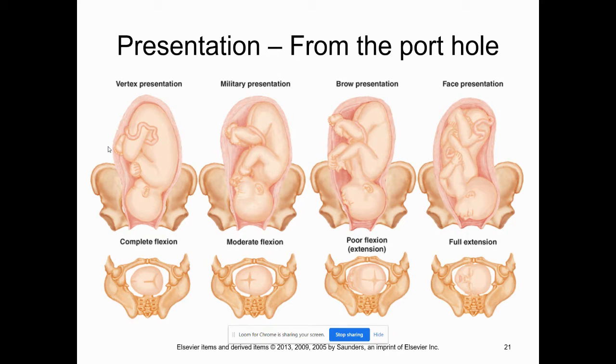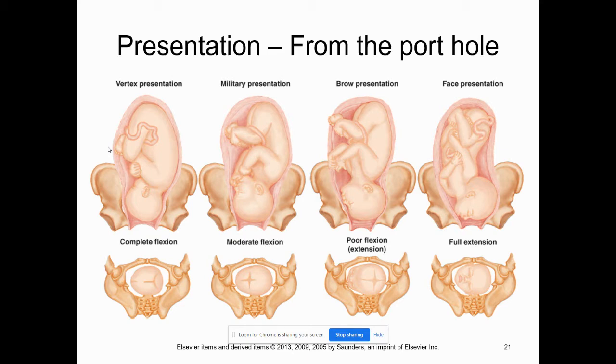If the baby stays with its chin untucked and it's only mildly flexed, as in this diagram, we have a tighter fit, but still possible. And actually, through the process of labor, the head might, and very commonly does, become flexed with chin to chest just through the process of the squeezing. So sometimes those military presentations correct themselves a little bit.